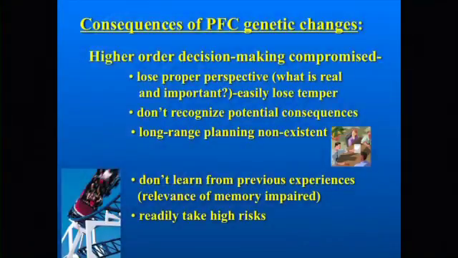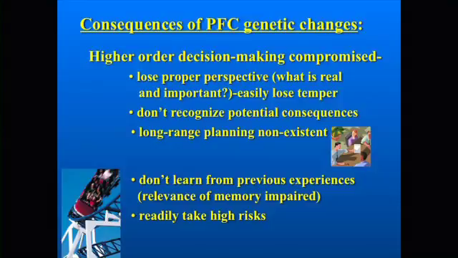Genetics could affect your ability to understand consequences, what's important, what's not important, short term, long term. Genetics can affect how you do planning, long-range planning. And in addiction, that long-range planning is non-existent.